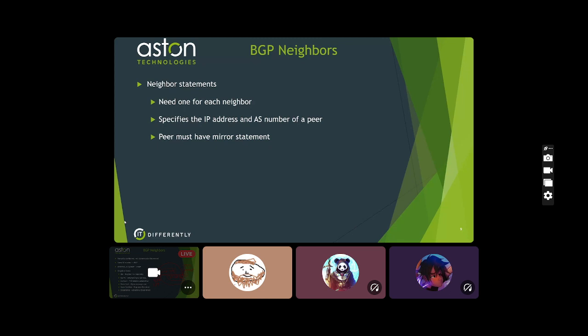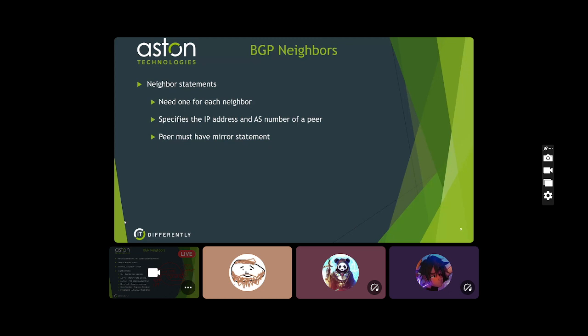Alex, you're Comcast, Henry, you're Verizon, and Mike, you're AT&T wireless. I need a separate neighbor statement, one for Alex, one for Henry, one for Mike. And you will each have one for me in return. Does that make sense?